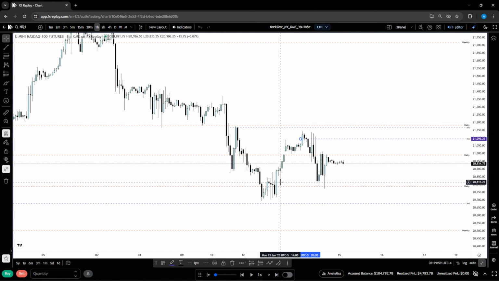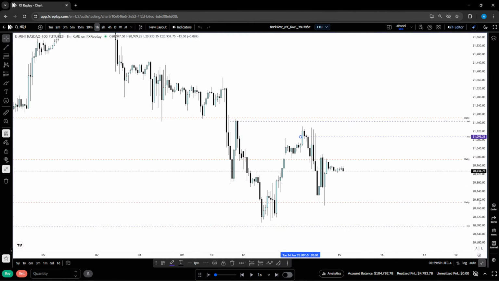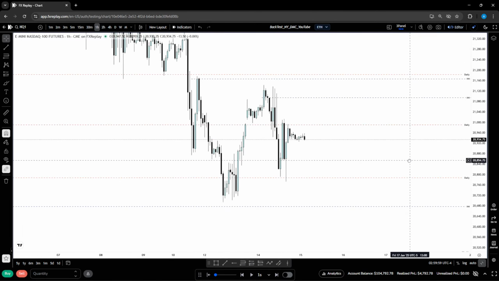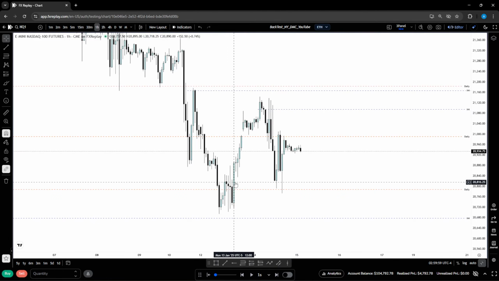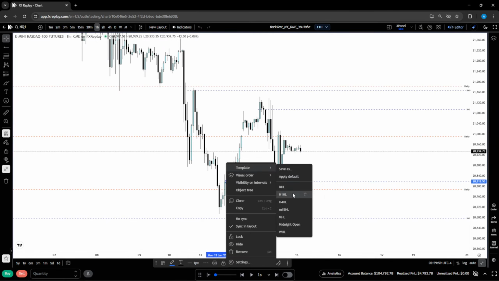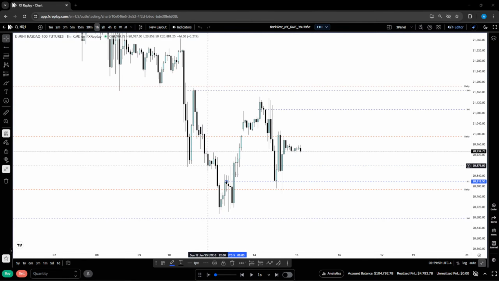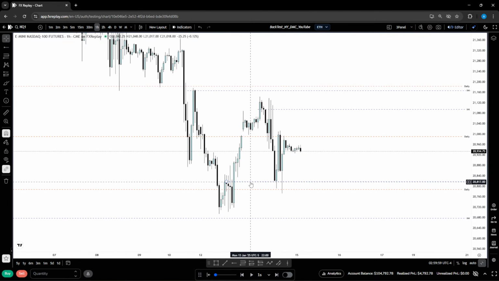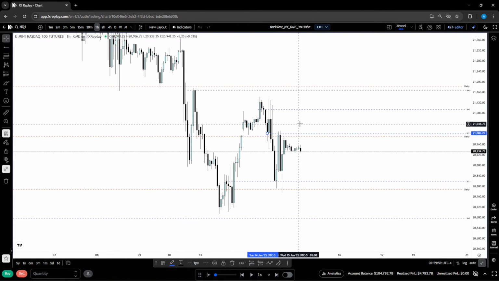Distributed, going back here in 1 hour. And distributed and got bought here, push back up to that level in 1 hour.